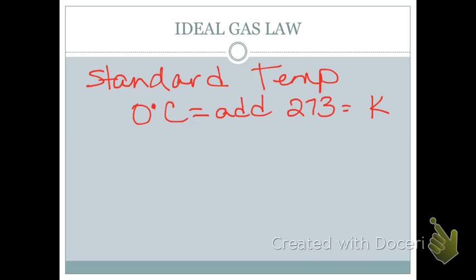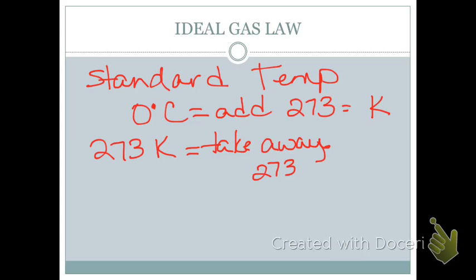That gives us our Kelvin. And it is also 273 Kelvin, which is a standard temperature. And to go from Kelvin back to degrees Celsius, we take away 273.